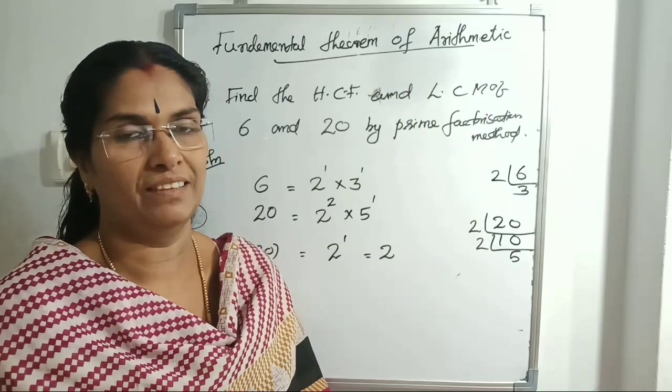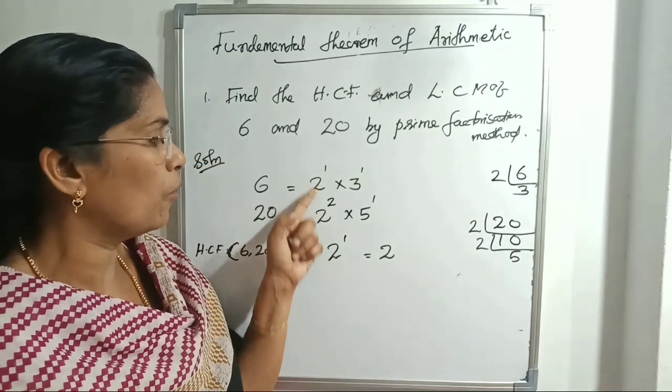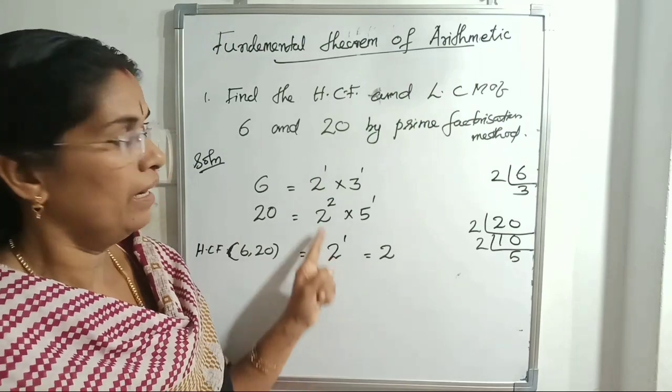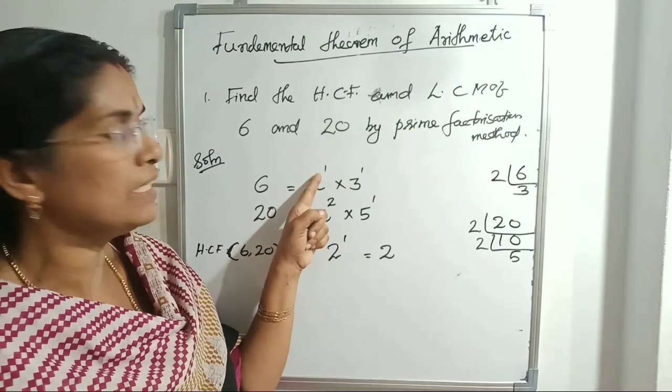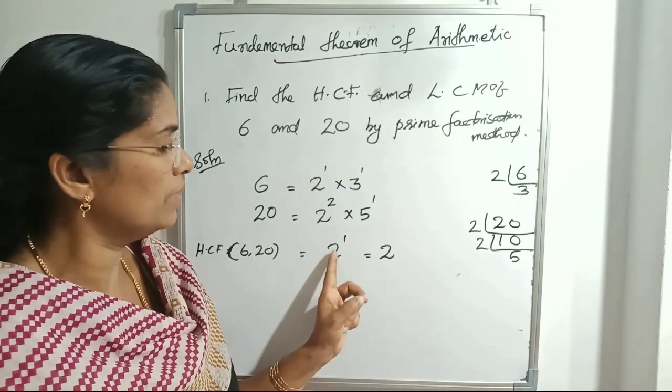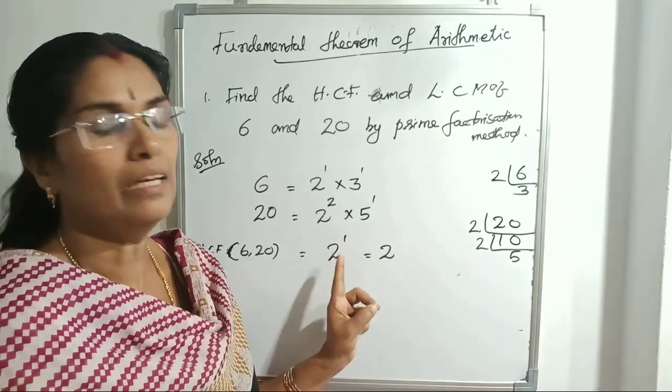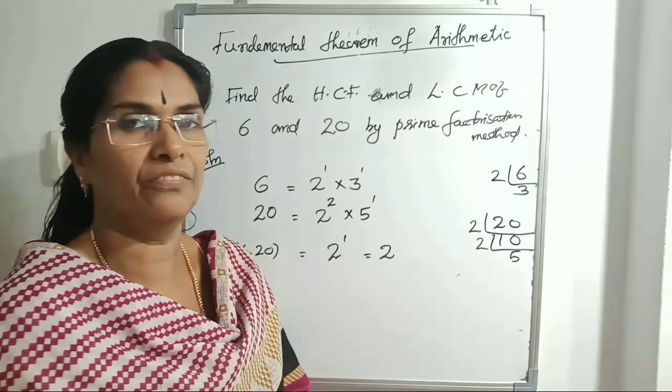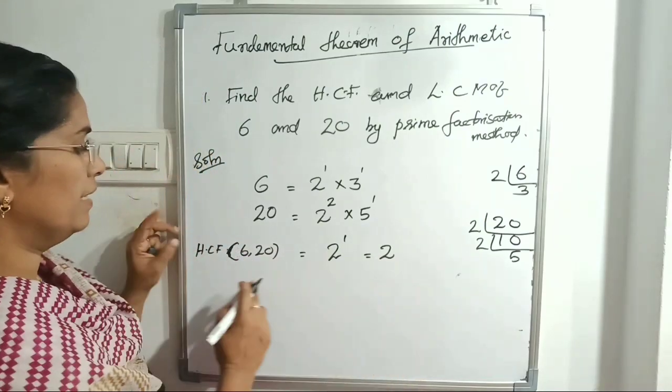Here the common factor is 2 only and its least power is 1. Among 1 and 2, 1 is the least one, so we consider 1 only. So 2 raised to 1 is 2 itself. This is the HCF.